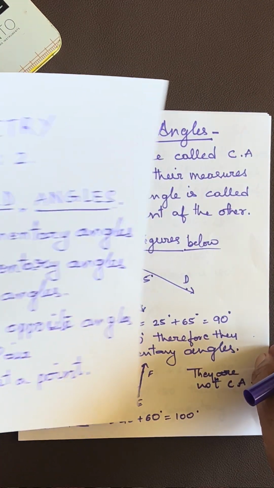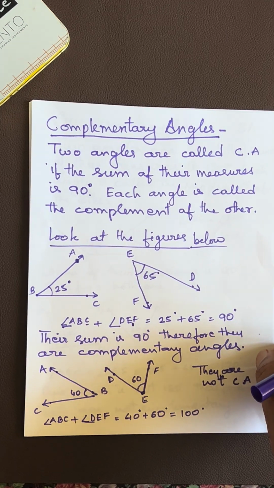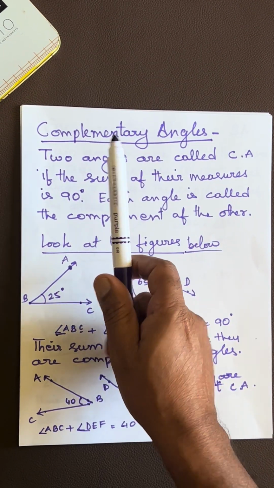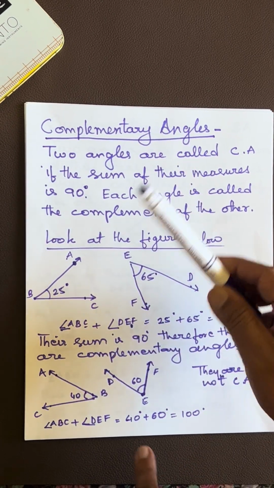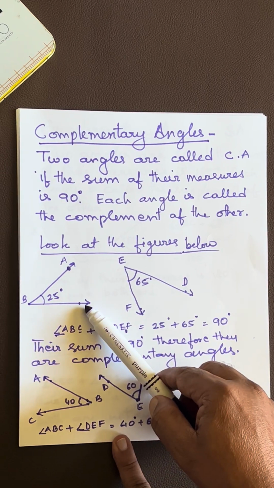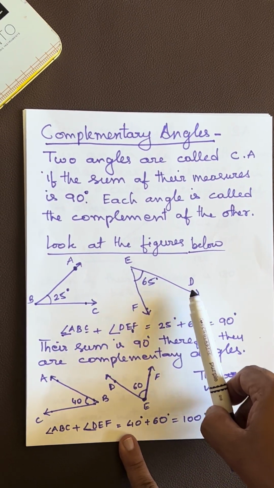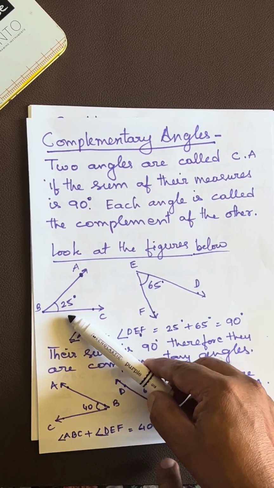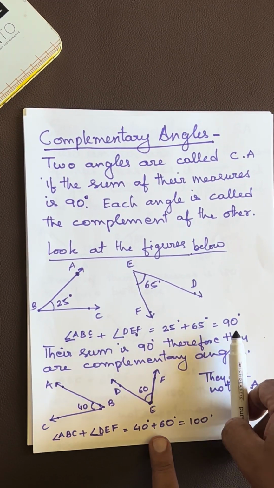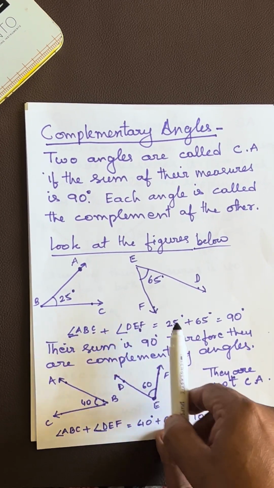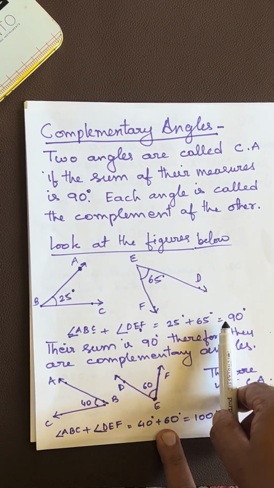Let us go for the first angle, complementary angles. So what are actually complementary angles? If you see these two diagrams here, one angle is 25 degrees and another angle is 65 degrees. When we add up these two angles, the sum becomes 90 degrees: angle ABC plus angle DEF, 25 plus 65 equals 90.